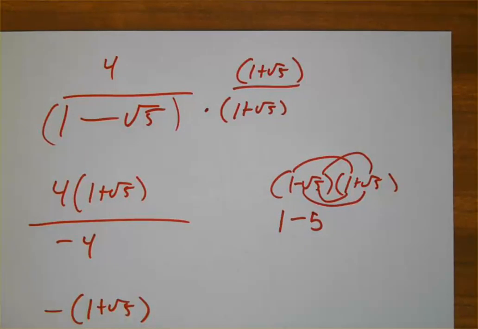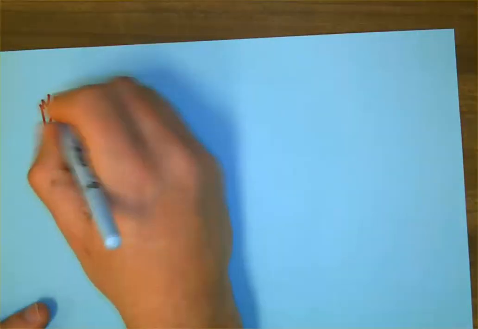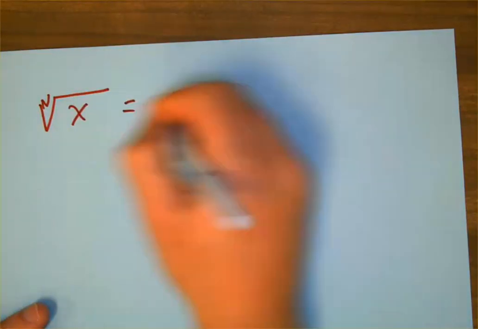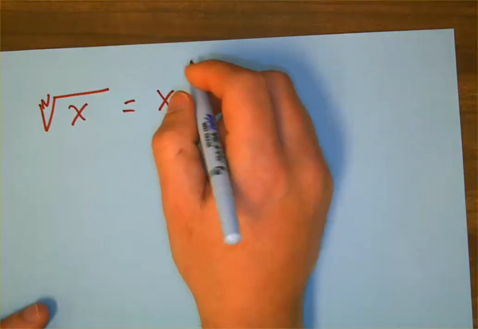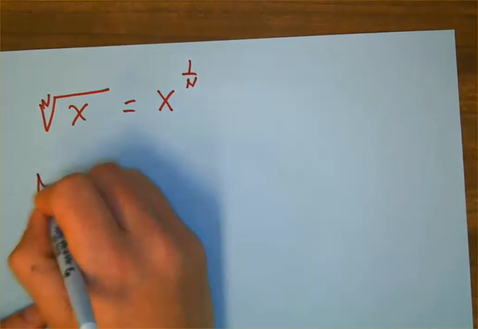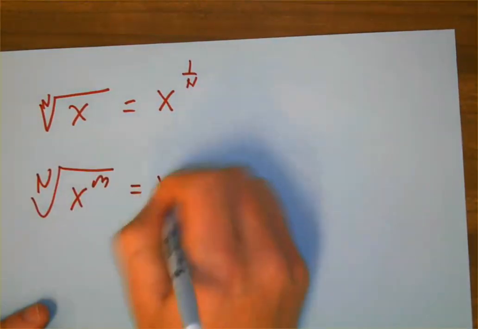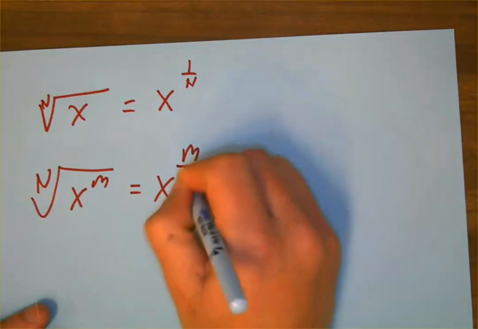So there's that. And the last bit that we're going to talk about is what's called rational exponents. So you have the rational rules. So if I take like the nth root of x, that's equal to x to the 1/nth. So if I have the nth root of x to the m, that's equal to x to the m over n.